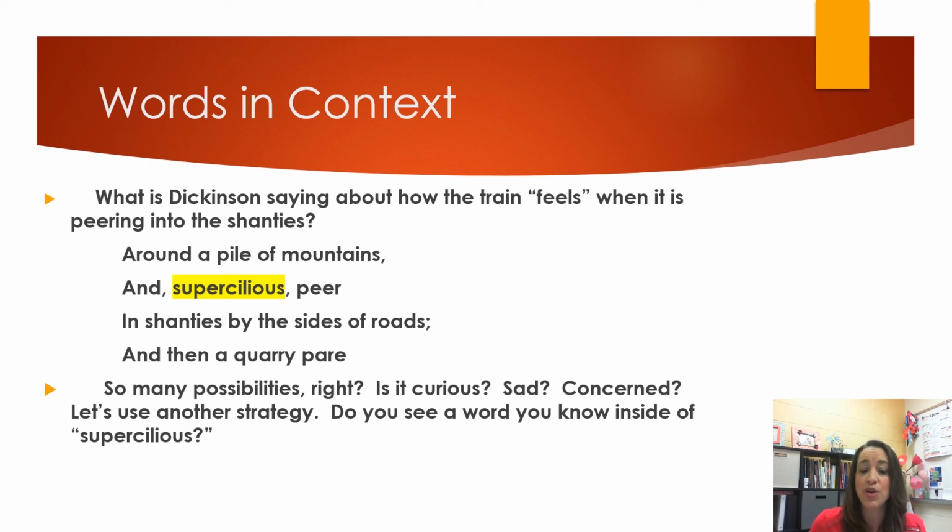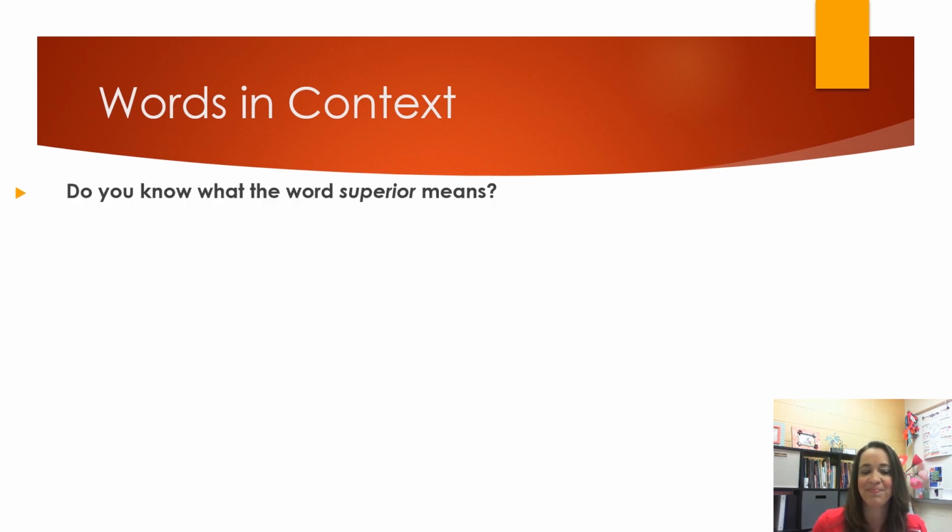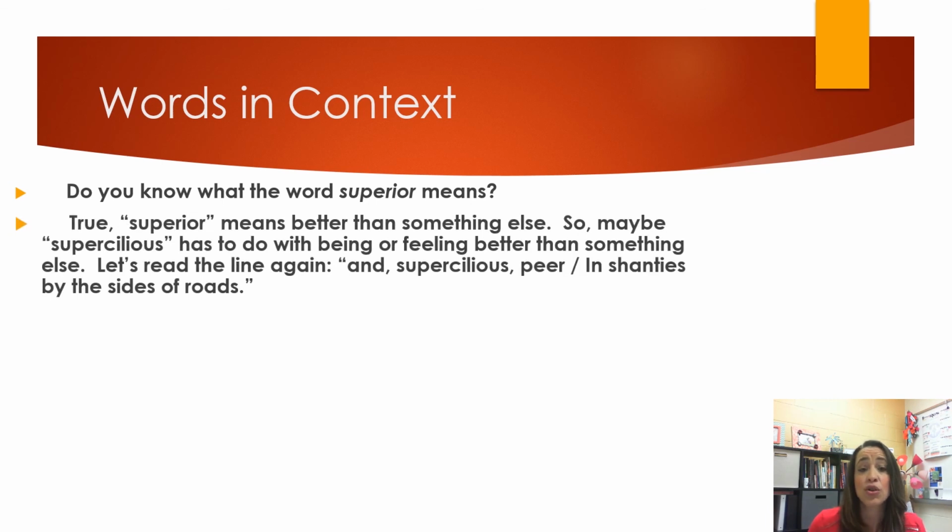Do you see a word you know inside of supercilious? Yes, there is the word super, which makes me think of the word superior. Do you know what the word superior means? True.